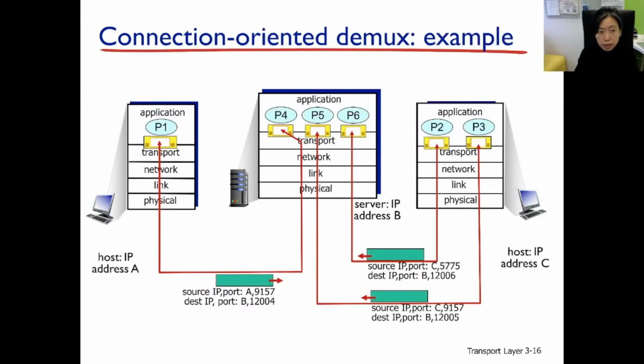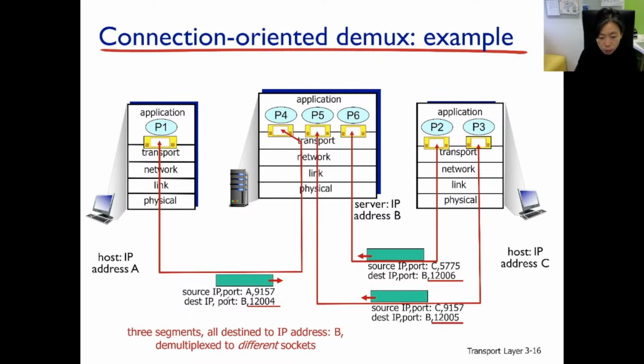Now, let me use an example to illustrate and explain. We have a scenario where three segments are being sent from clients, A and C, to the server in the middle, B. All three segments are destined to B and they're supposed to be demuxed into different sockets. Now, TCP sockets will be using a 4-tuple to decide. And what will be the 4-tuple? Well, source IP address, destination IP address, and what?